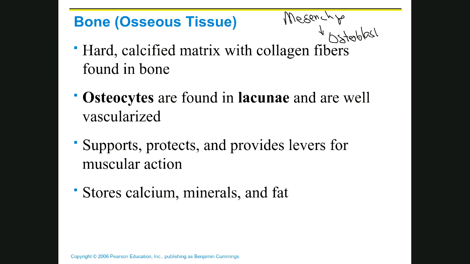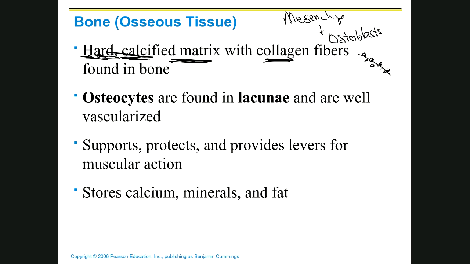The matrix is going to be hard. It's got calcium in it, so the matrix is mineralized. It's also got collagen fibers in it, but those collagen fibers have minerals encrusted on them. And so this tissue is rigid, it's hard, it's stiff.